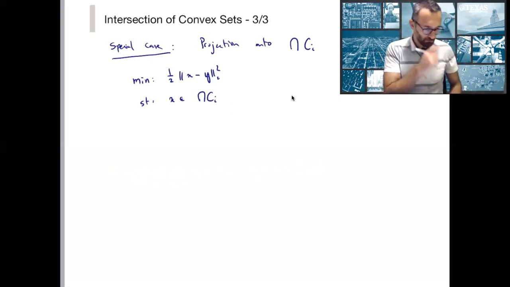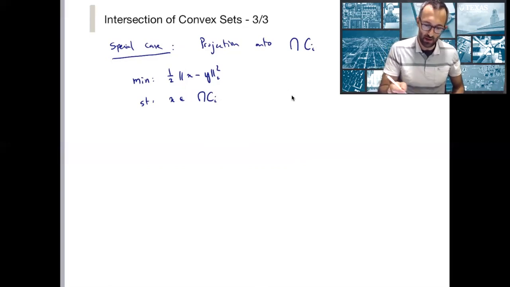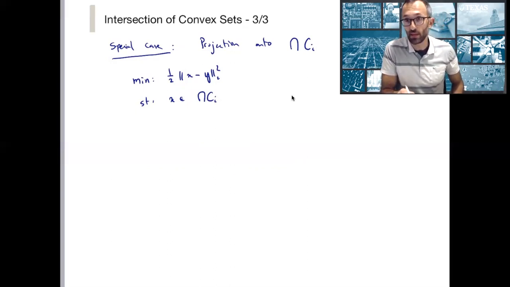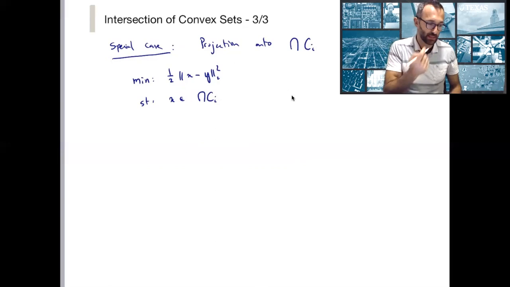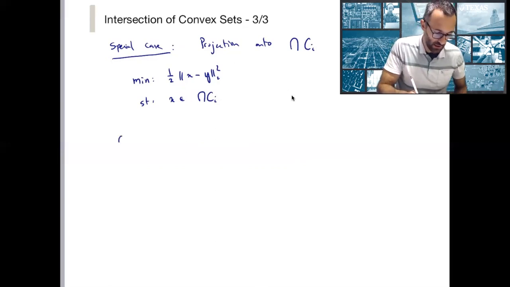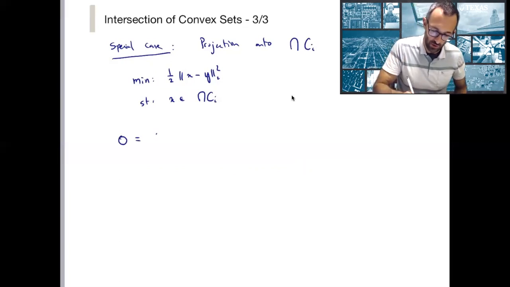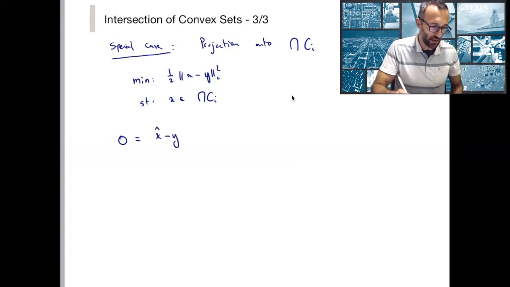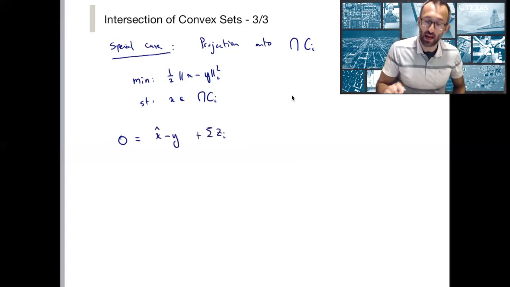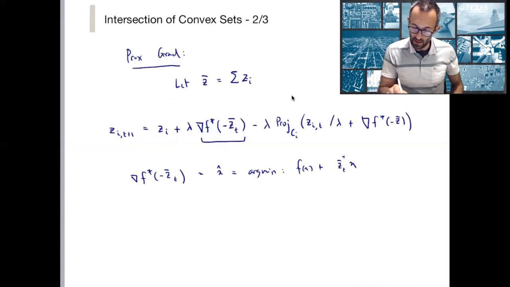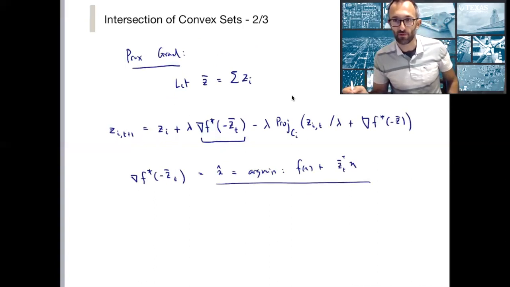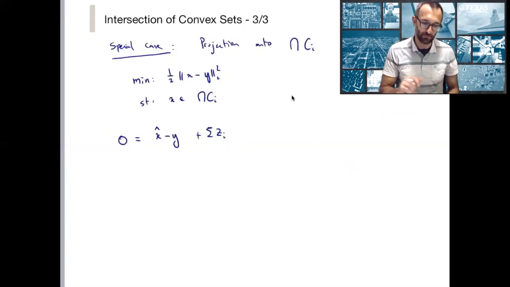And we write down exactly what we had on the previous page, except now the Lagrangian step is going to be easy because f is this quadratic, so I can solve for that explicitly. So the Lagrangian step, setting the gradient to 0 if I'm actually solving that, gives x minus y plus the sum of zi's equals 0. And all I did is I actually just minimized this, where f of x is equal to 1/2 times the Euclidean norm.